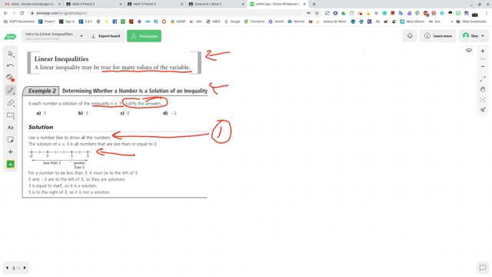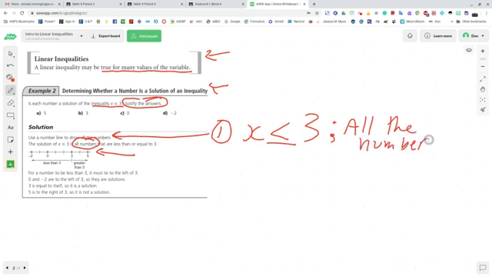So the solution of x is less than or equal to 3 is all the numbers, it's important, all the numbers that are less than or equal to 3. Of course, it looks like this. So there's an infinite amount of numbers that we can use in this case. They give us 5, 3, 0, and -2.